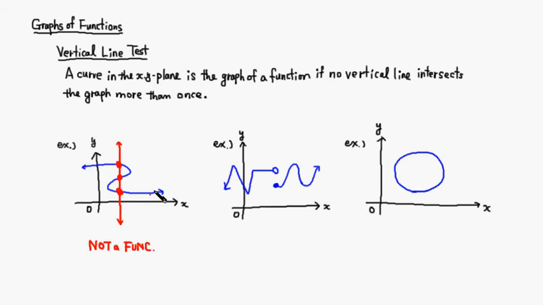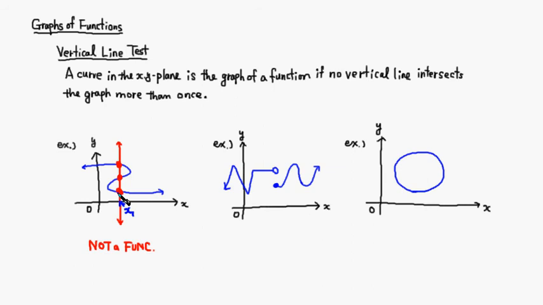So what's wrong with having a vertical line intersecting more than once? If you look carefully, a vertical line represents a single x value. So here, it's a single x value, let's call it x1.